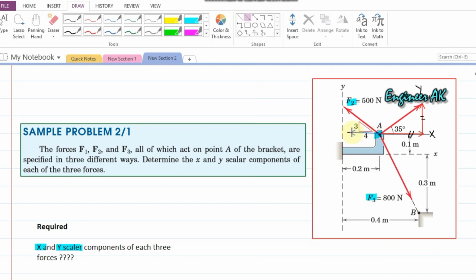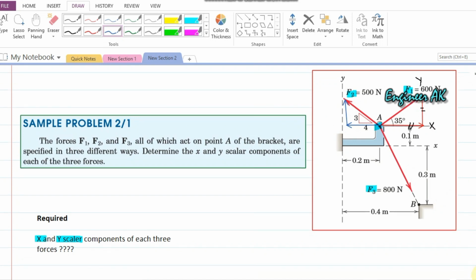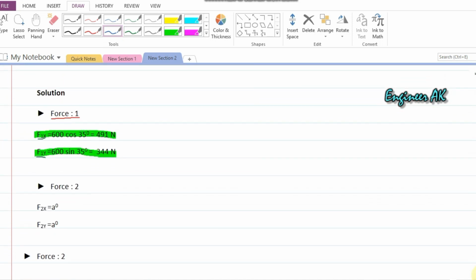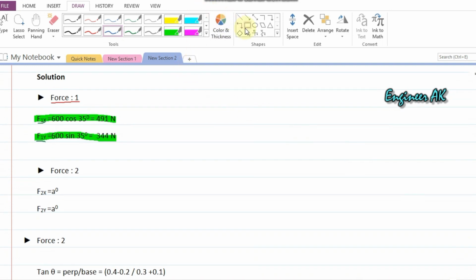One will be in this direction, and if I draw the second component, it will be something like that. You can see that it has also two components, and let me draw it a bit clearer so you will easily understand it.